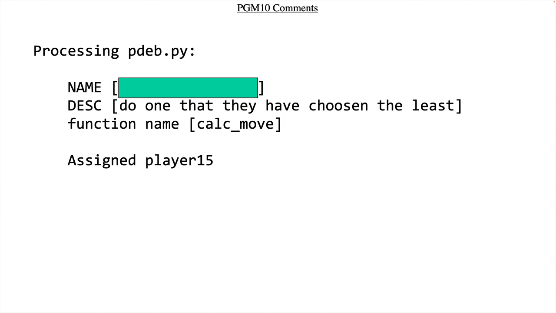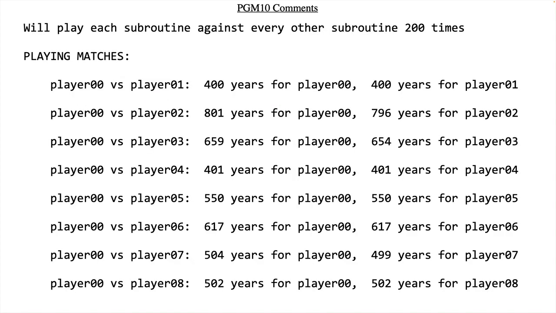So that's the first part of the program, going through doing that. I now have a variable in the program that tells how many times I'm going to run the matches against each other. And in this case, that was set to 200. So it tells me I'm going to run every subroutine against every other subroutine 200 times.